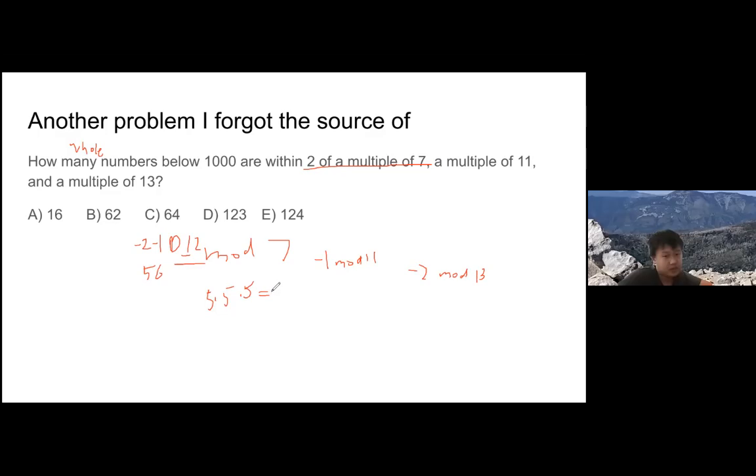So 5 times 5 times 5. That's the number of choices of residues. So that's also how many such numbers there are. So that gives us 125.